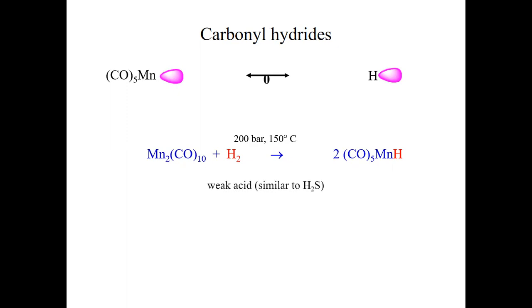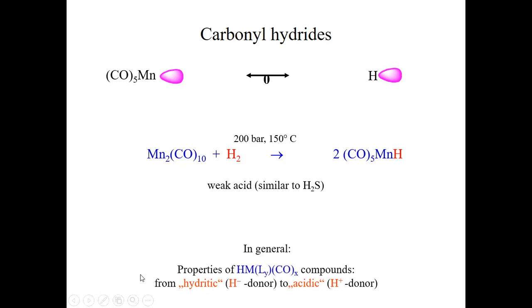So in this case, we still have an acid, but the strength of the acid is not as previously the strength of sulfuric acid, but only the strength of a weak acid such as H2S. And like I said previously, one can now engineer the acid-base properties of these carbonyl hydrides from highly acidic, being a strong H+ donor, to highly hydridic, depending on the choice of the metal and the other ligands.